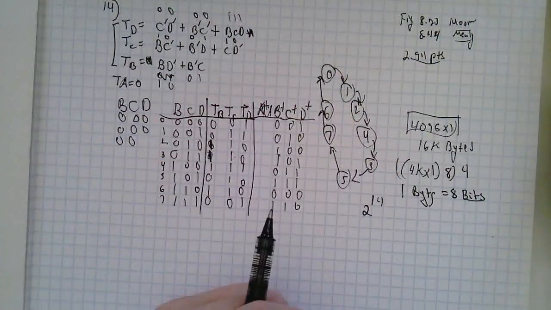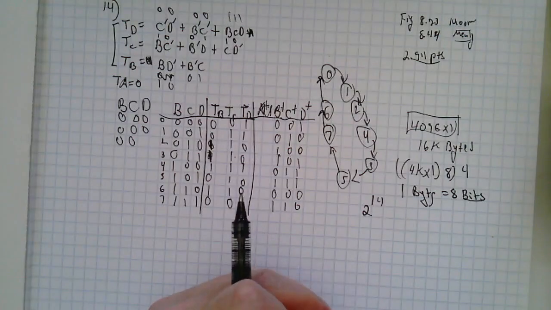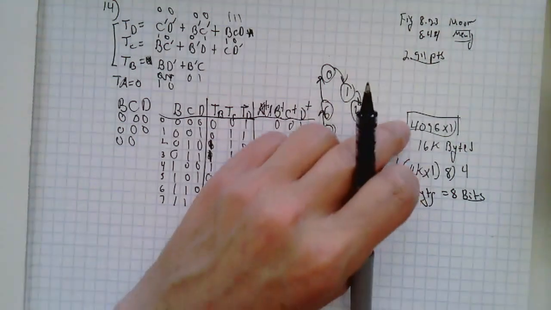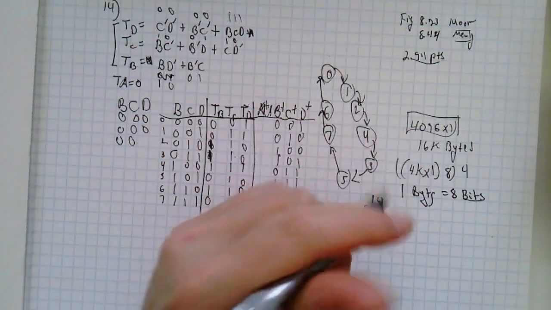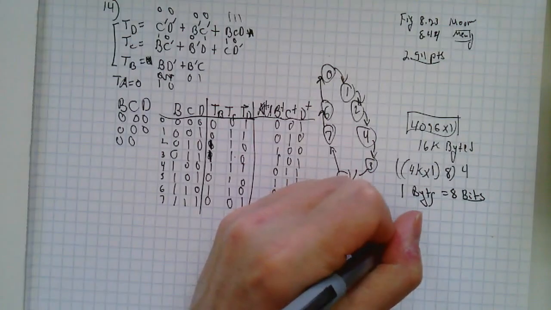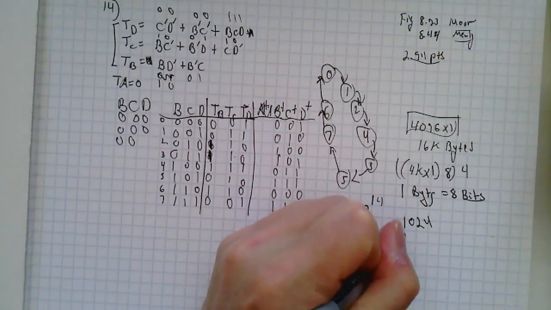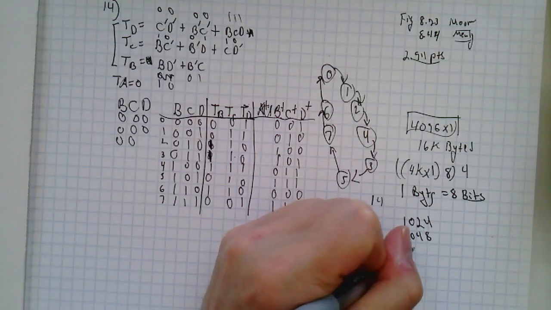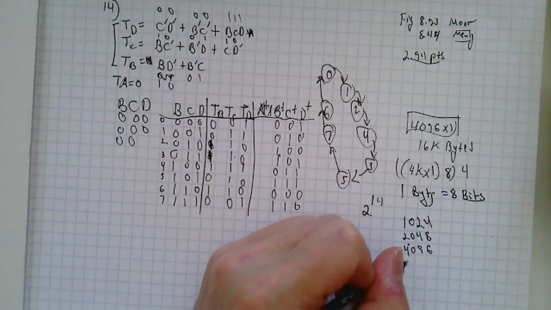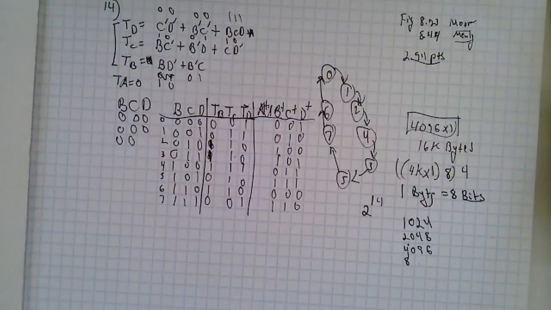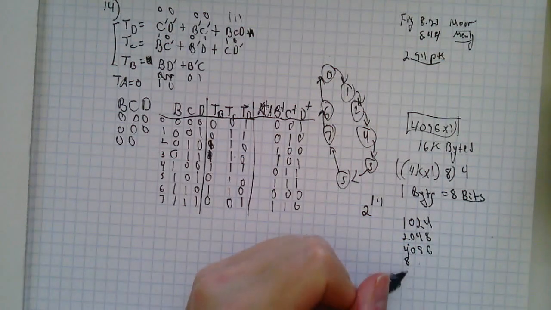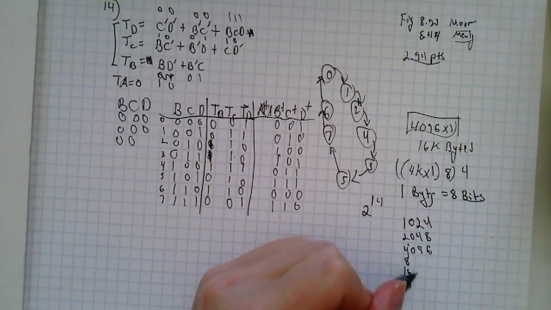But if you think about it, that's not 16,000, any more than 4K is 4,000, right? Because it's an integral power of 2. It's 4096. So they're all multiples of 1024. So you're going to have 2048, 4096, 8192, and then 16K, whatever that is.